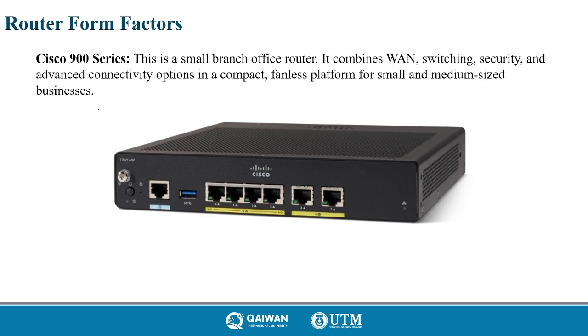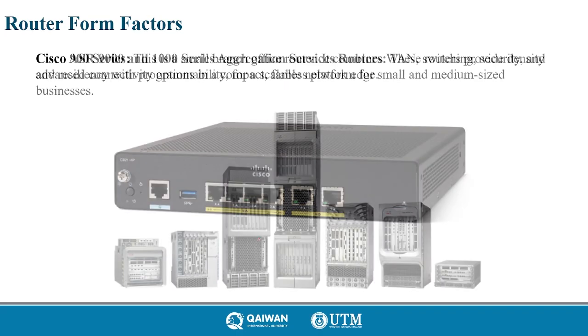And this one is the 900 series, and this is for a small branch office, and it combines WAN, switching, security, and advanced connectivity options. And it is a fanless platform for small and medium-sized businesses. So you can use this small router for a small or medium-sized business.